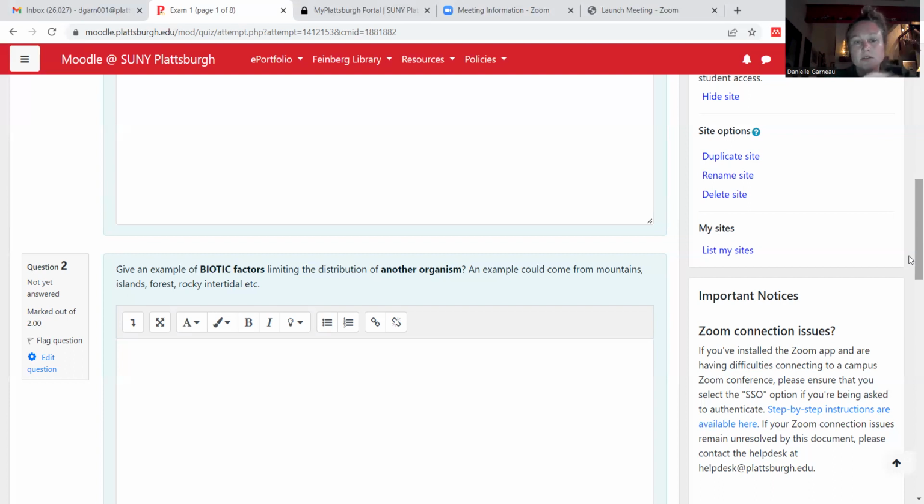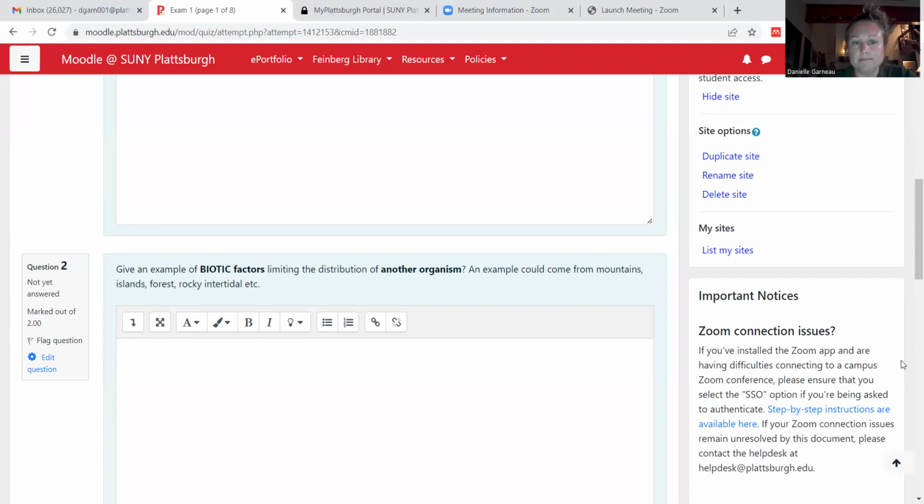With competitors, there's lots of different examples, but certainly an invasive species that came in usually has some kind of competitive edge, and typically no predators, so they could outcompete any of the organisms found within that community originally. So those would just be some examples of biotic factors limiting the distribution, the location of a given organism.